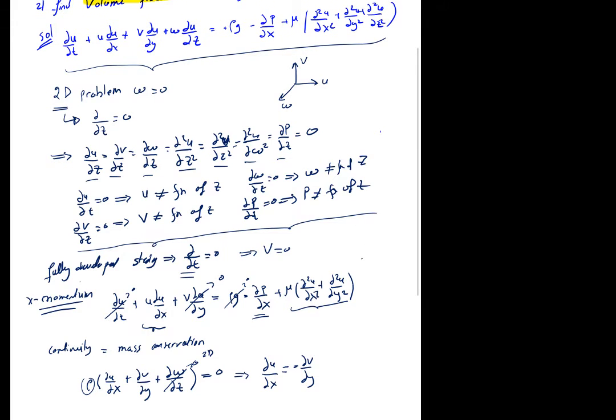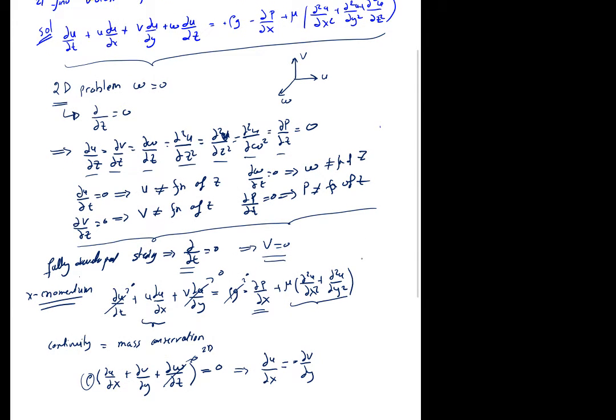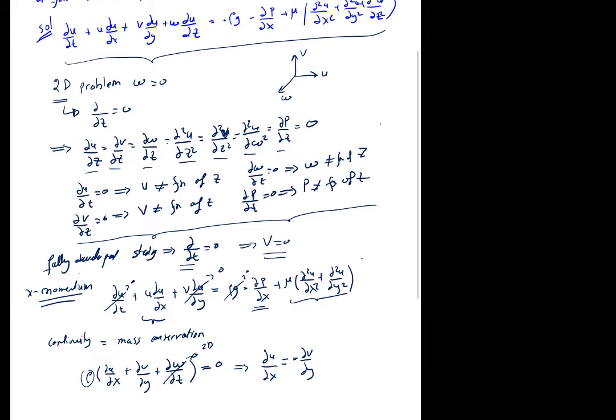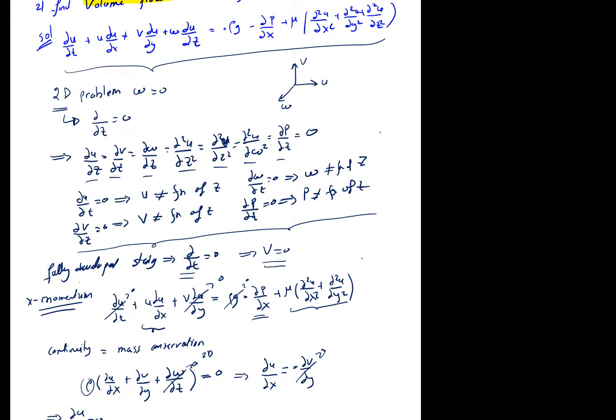But we have mentioned that my v velocity is 0. We have no velocity in the y direction. So I have du by dx equals 0. In addition to helping me solve the equation above, it also implies that u is not a function of x. It's very important. We'll see how we use that.